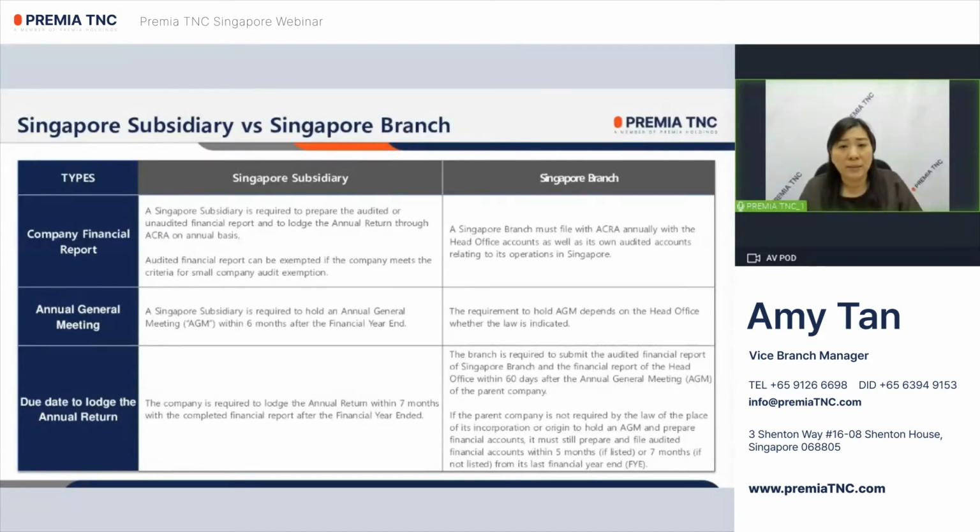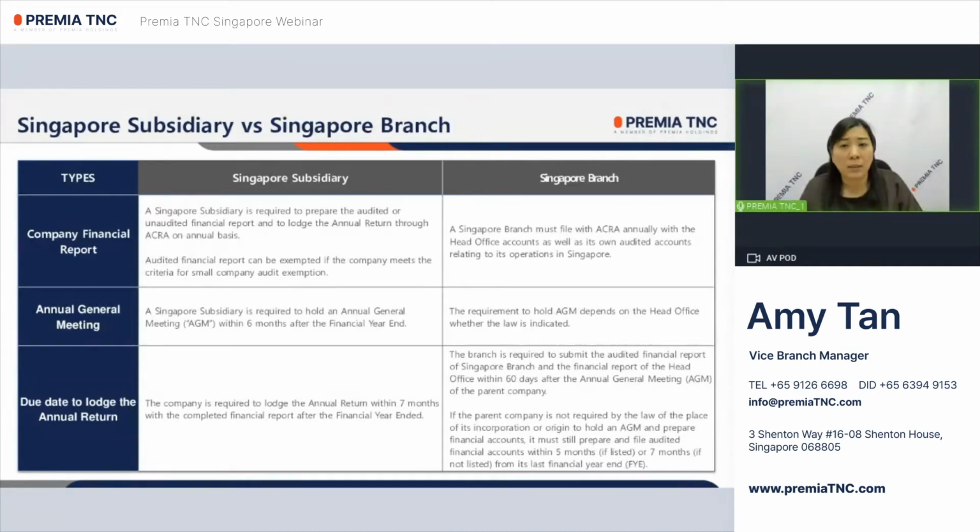Audited financial report can be exempted if the company meets the criteria for small company audit exemption. A Singapore branch must file with ACRA annually the head office accounts as well as its own audited accounts relating to its operation in Singapore.